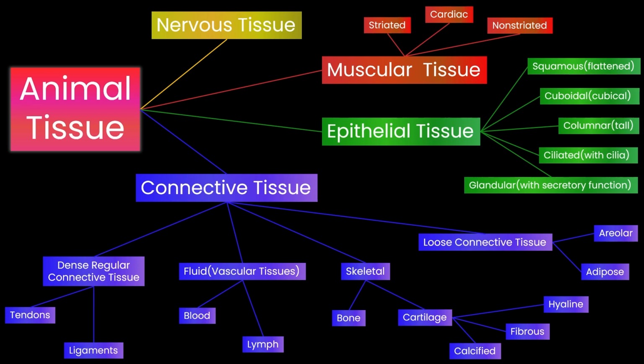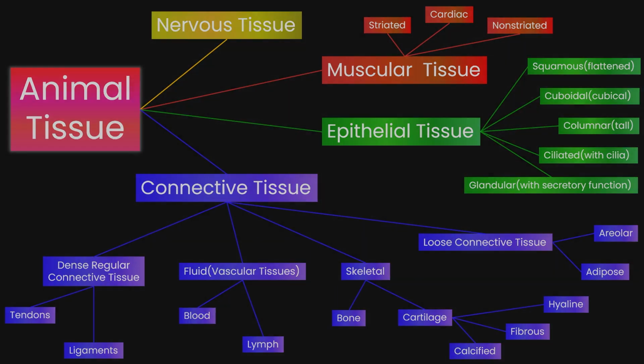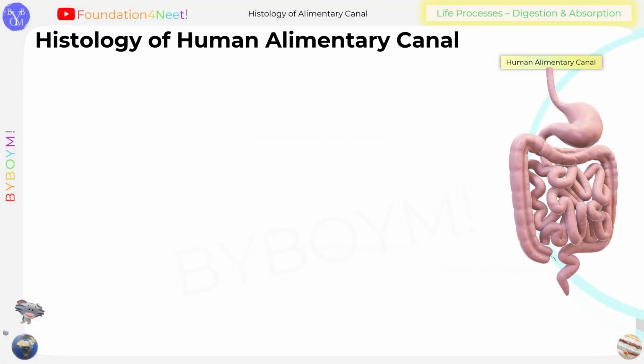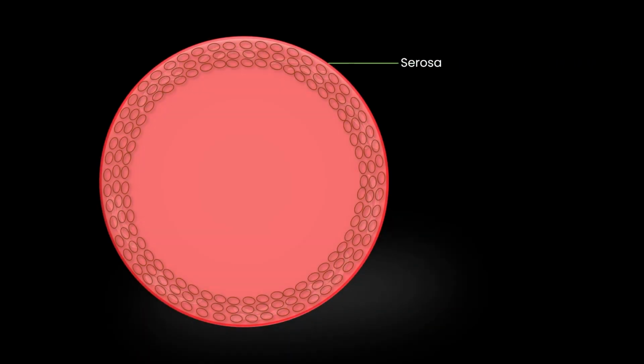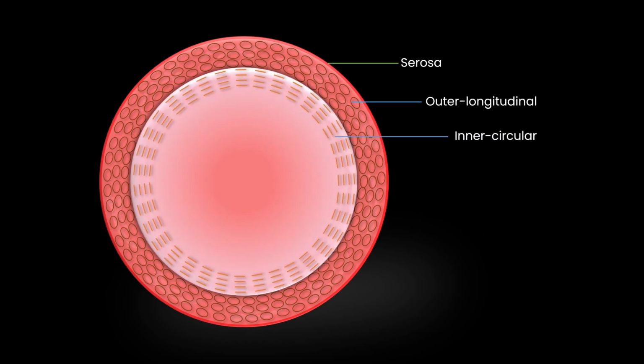Now that you know what types of animal tissues are, let's move on to dissect an alimentary canal and look at its tissue structure. The outermost layer is serosa, which is also known as adventitia or visceral peritoneum. Next to serosa is muscularis. It contains an outer longitudinal layer and an inner circular layer.